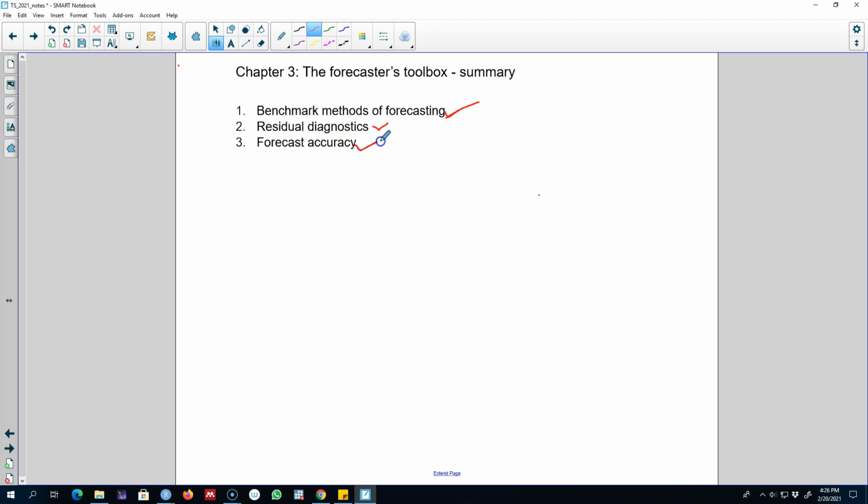And finally, I talked about the forecast accuracy by using various measurements. For example, we can look at the root mean squared error, the mean absolute error or the mean absolute percentage error. And I also talked about cross-validation by splitting your data into 2 parts. You fit your model using the training set, and then you test for the accuracy of the model based on root mean squared error or any other measure that you want to use on the test set.